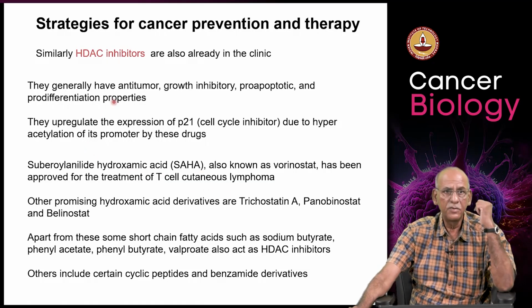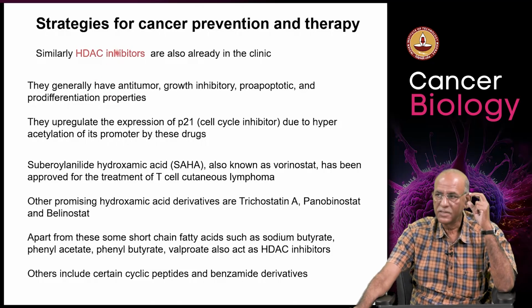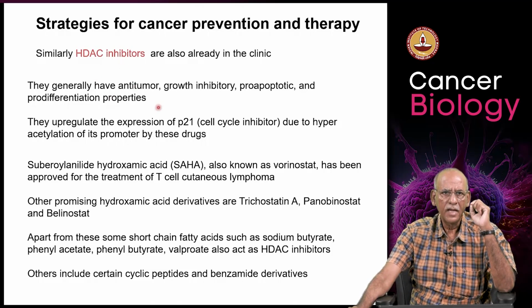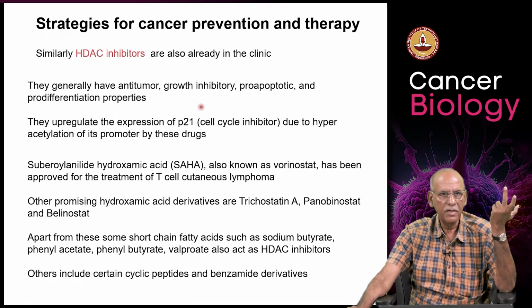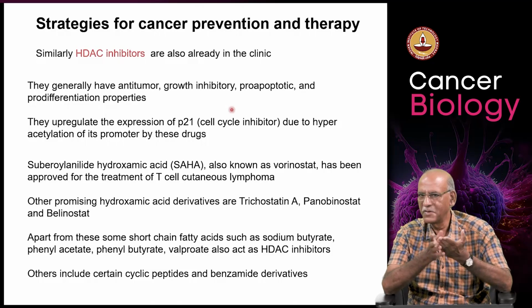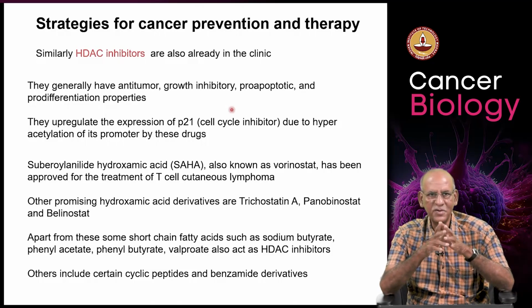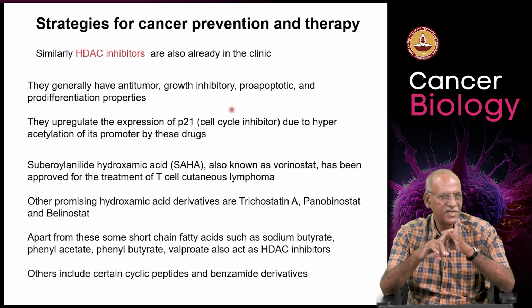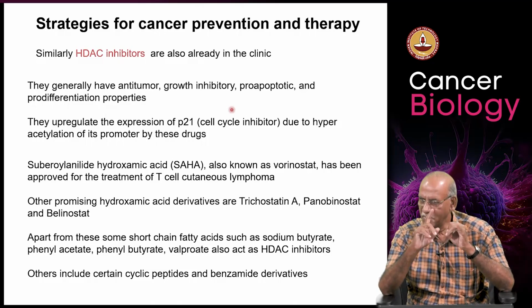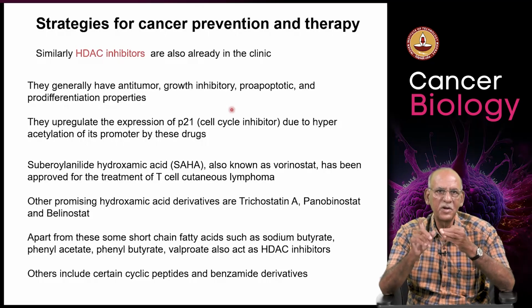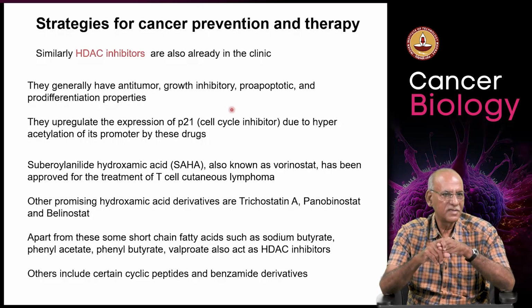What they generally do is that the HDAC inhibitors can have anti-tumor, growth inhibitory or pro-apoptotic and pro-differentiation properties. Incidentally, these are the most important properties if you want to develop a treatment strategy, because you can treat cancer by inducing differentiation, inhibiting growth, and inducing apoptosis, right.